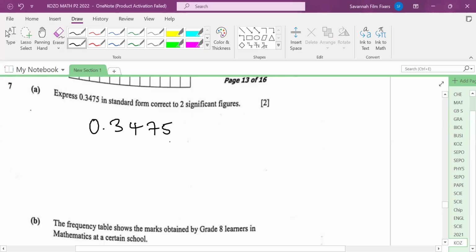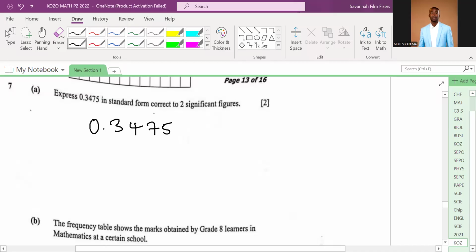First we put it in standard form. The number has to be between 1 and 10.